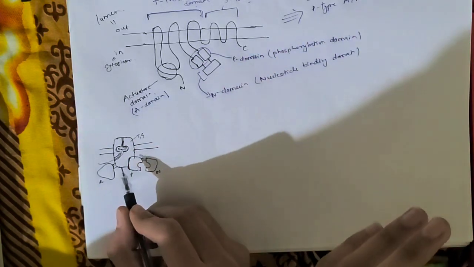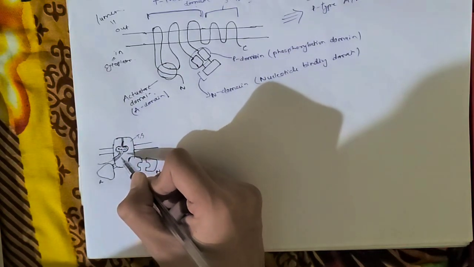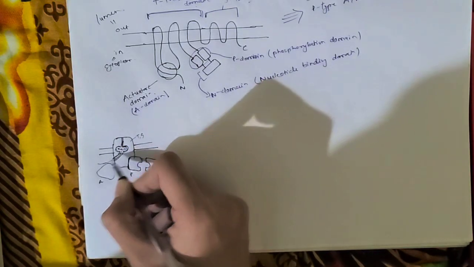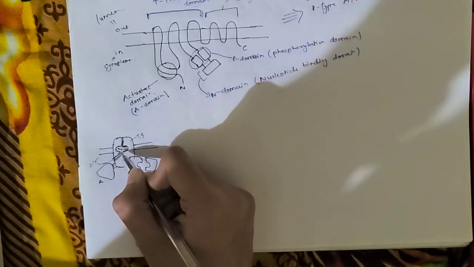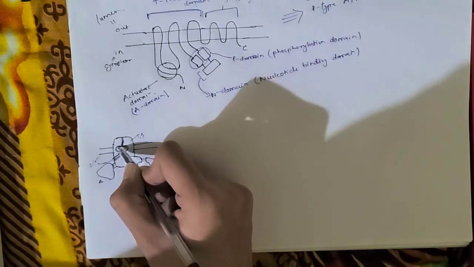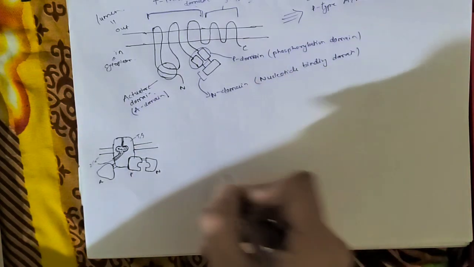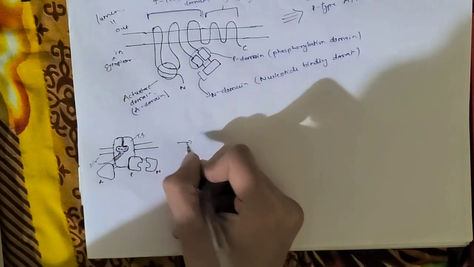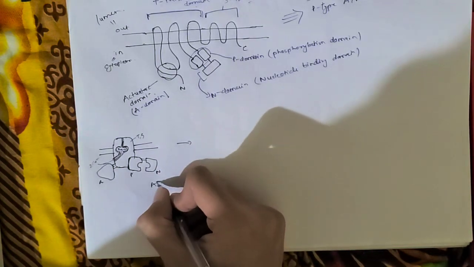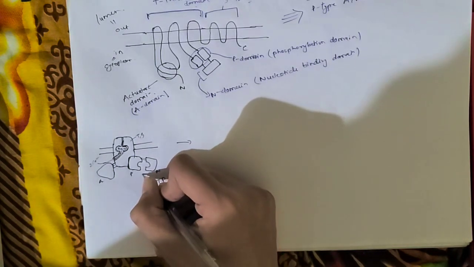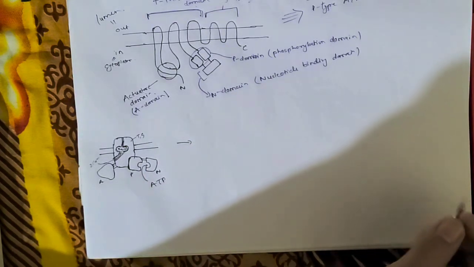But at the initial position, the only canal that is open is the entry canal. Two calcium come inside through this entry canal and bind to both of these calcium binding sites. So first thing that occurs is calcium binds and ATP comes and binds to the nucleotide binding domain or N domain.